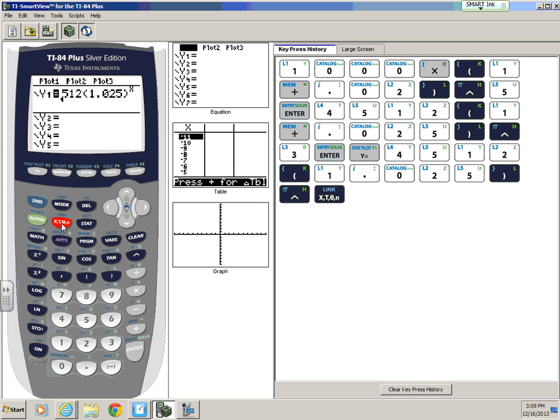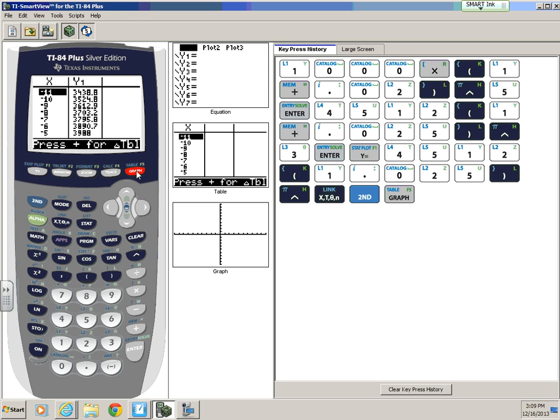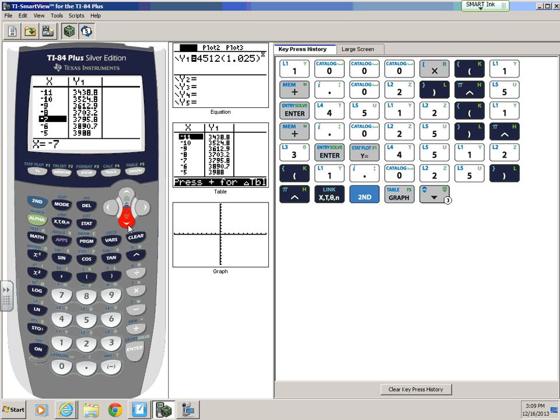X. I don't know what X is. Remember, X is the years, Y is the population. Now I'm going to call up my table of values, and I'm going to scroll down until I see in my column for Y where I've gotten above 5,000.